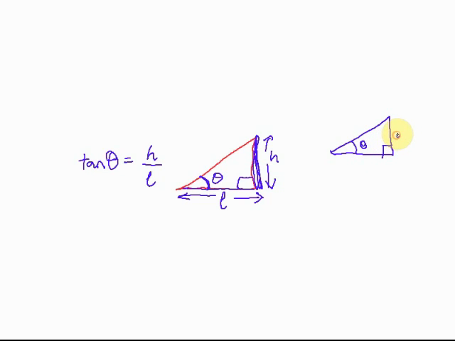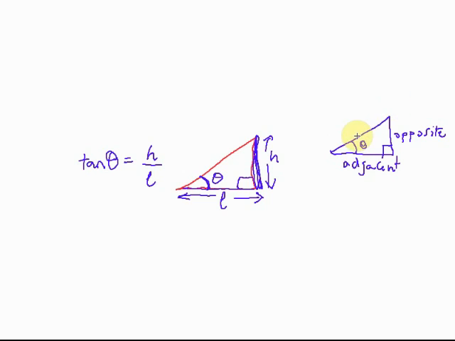So we call that side of this triangle the opposite side. And you'll notice this side adjoins the angle theta, and we call that the adjacent side relative to this angle theta.